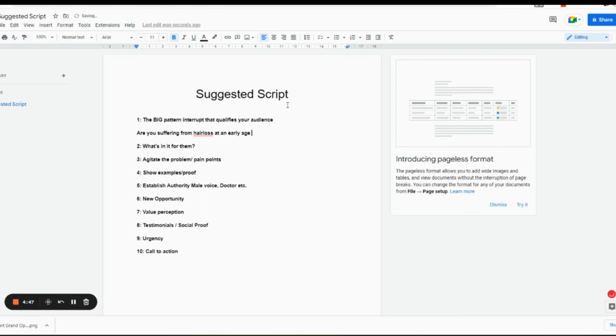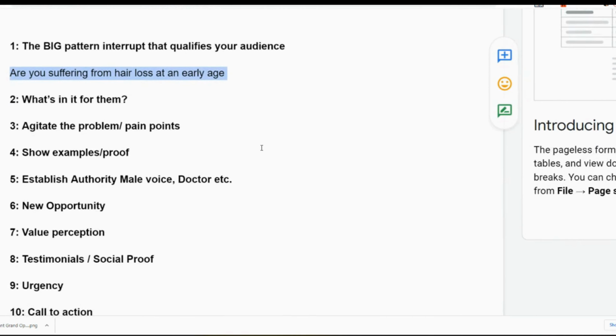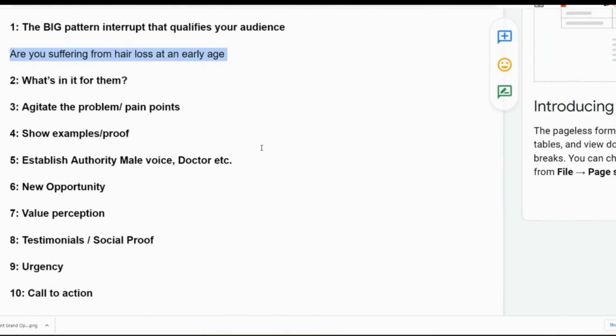This is just off the top of my head right now. I'll do this a lot better in a moment. But you want to call out your target market straight away. You want to let them know straight away that the ad's for them, because you can't go super targeted on YouTube anyway.